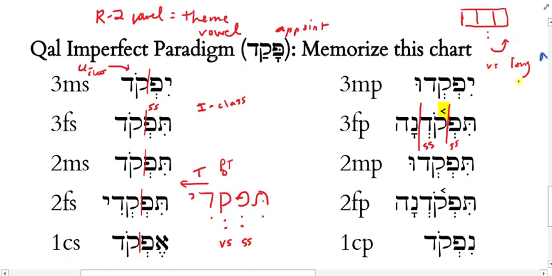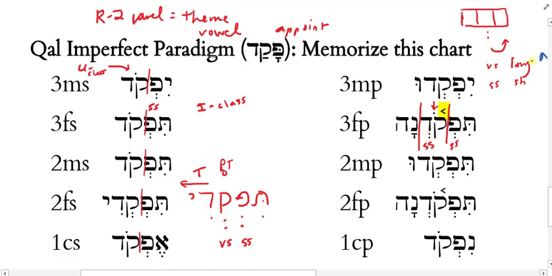So if the vowel is long, the Shiva is vocal. If the vowel is short, the Shiva is silent, okay? So we'll take a look. I have a Shiva in the middle of the word. I look to the right, and I've got a holum to the right. Is holum long or short? Holum is long. So you, following my simplistic rules, should have thought, well, then this must be a vocal Shiva, right? But it is, as a matter of fact, silent. It's silent because it's closing the syllable.